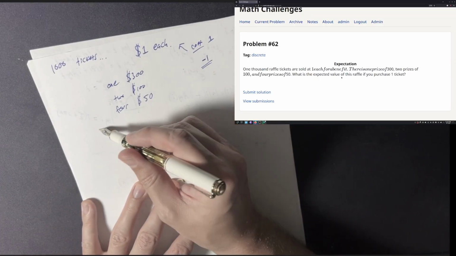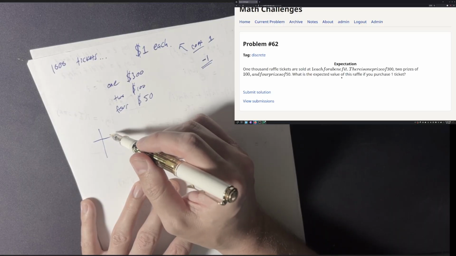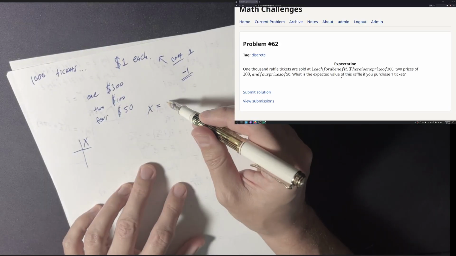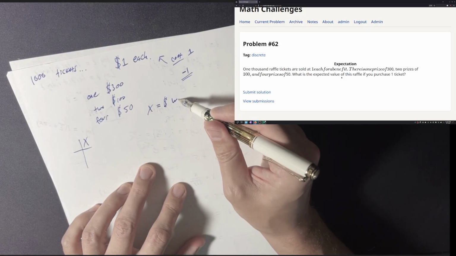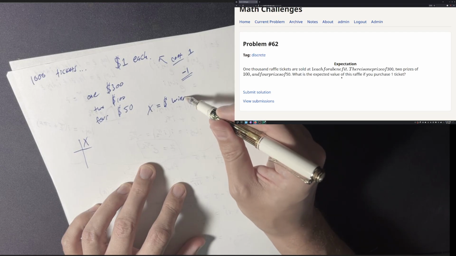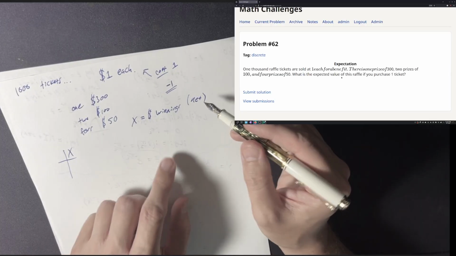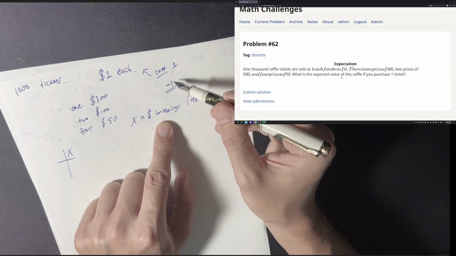So if you were to make a table, if you were to say x is a random variable representing the cash that we win, and I'll just say net to really emphasize that it includes the cost of the ticket.